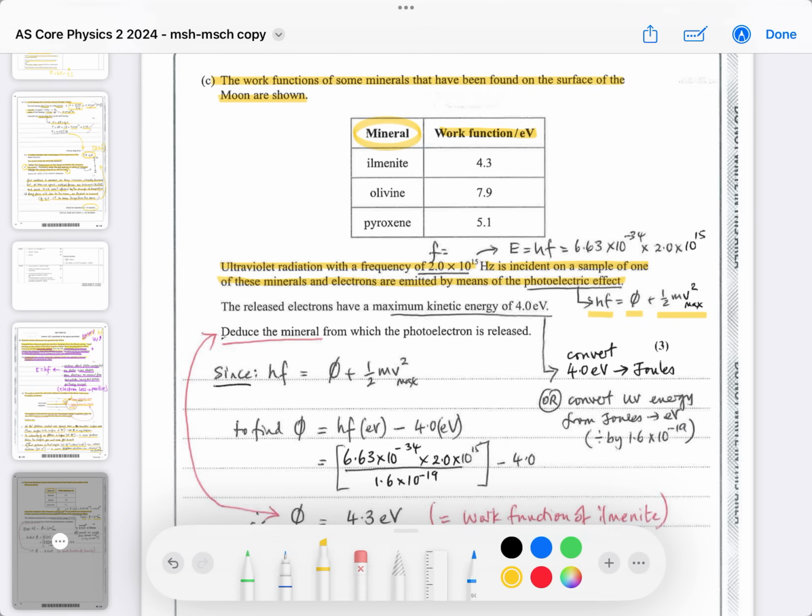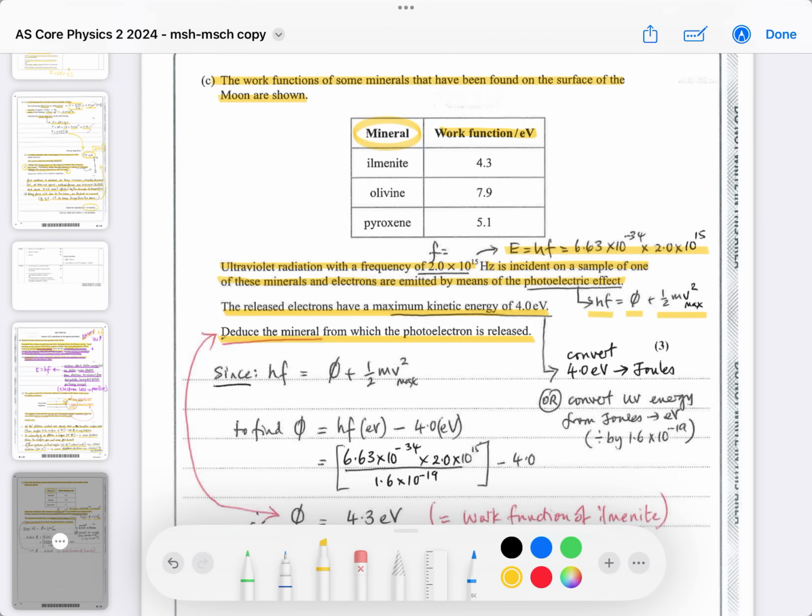And photon energy can be worked out using Planck's constant times the frequency, which is given to us. So we kind of know the energy, but they want to know the released electrons have a maximum kinetic energy of 4 electron volts. So they're giving you electron volts, rather than joules. So deduce the mineral from which the photoelectron is released.